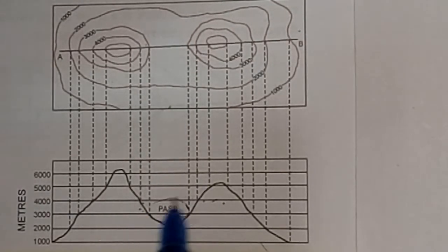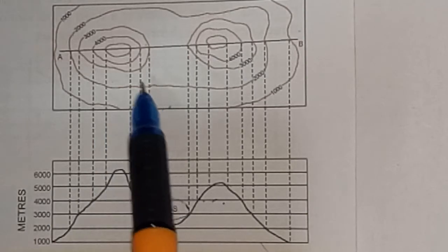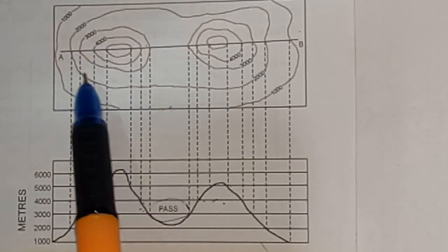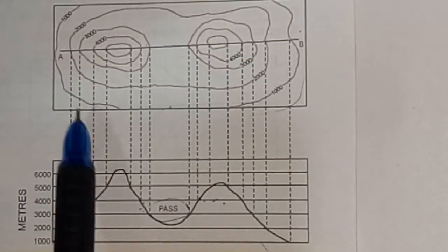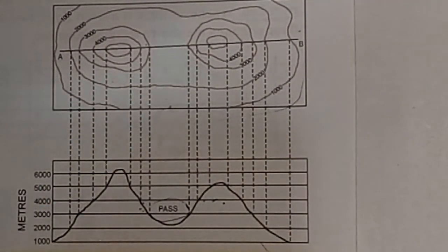You can see the contours 4,000, 3,000, 2,000, 1,000. A pass is formed between two hills or mountains and serves as a land route across a mountain range. That is called a pass.